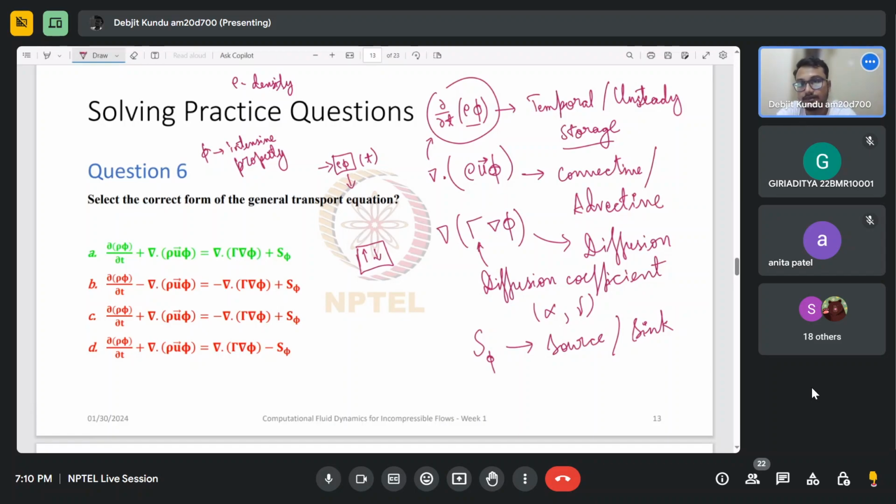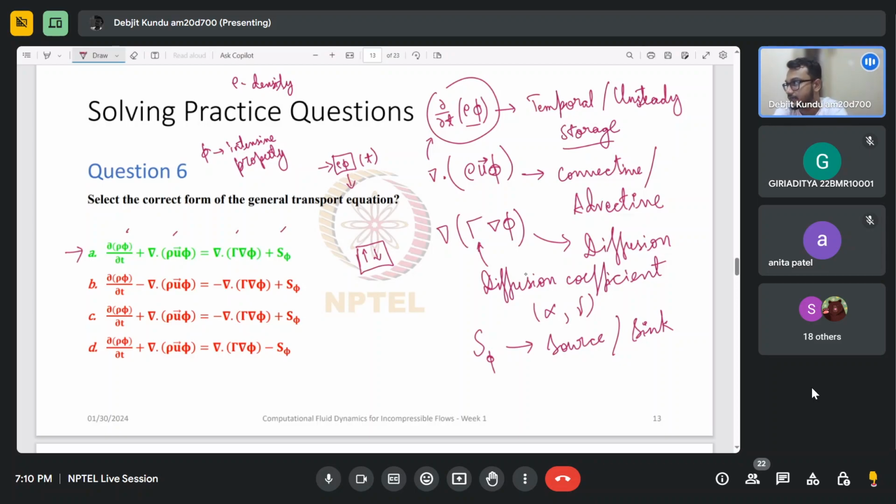So these are broadly the four ways in which any transport equation can be quantified, and that is correctly quantified in the form shown in option A, where the storage term and the convective term are added, and that should be equal to the sum of the diffusive term and the S phi term.